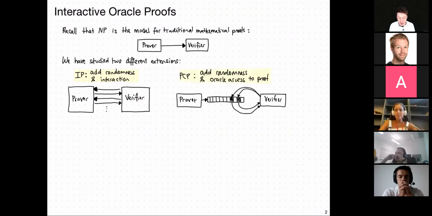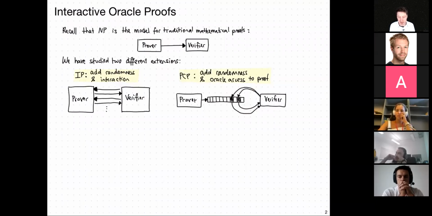And orthogonally to that, you've also seen PCPs, probabilistically checkable proofs, where the new resources are randomness and oracle access to the proof. Okay, so the capability to not have to read the proof in full, but being able to specify a location and read it. Okay, that's like a capability, right? Now, in both cases, this kind of interaction or oracle access to the proof are kind of trivially uninteresting without randomness.